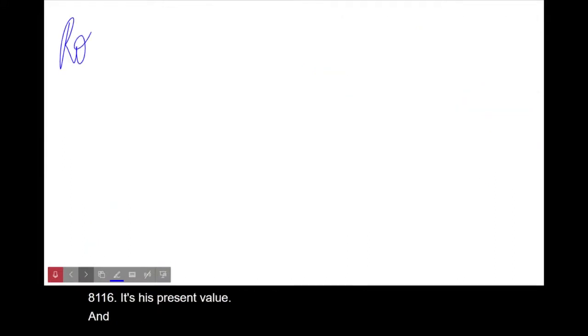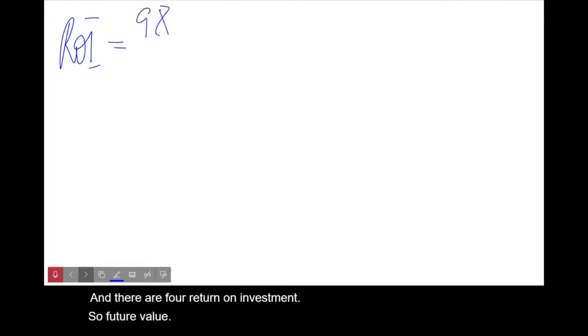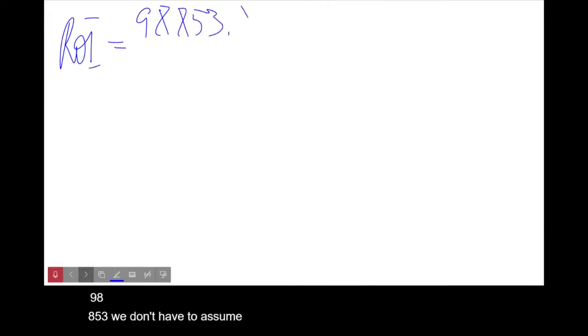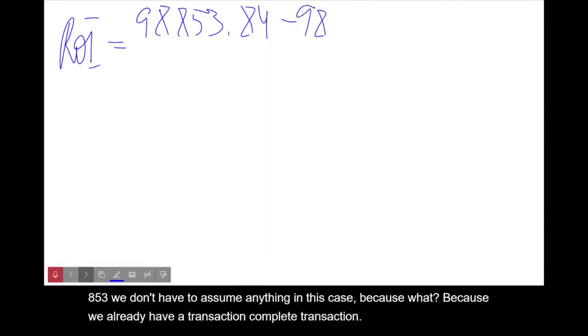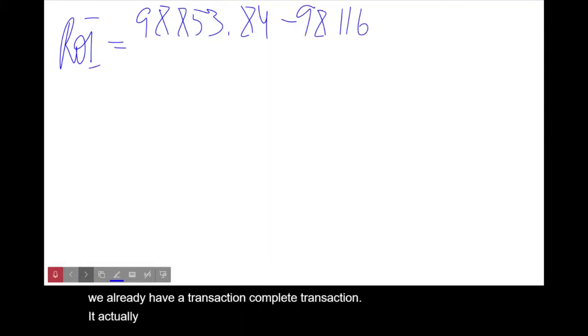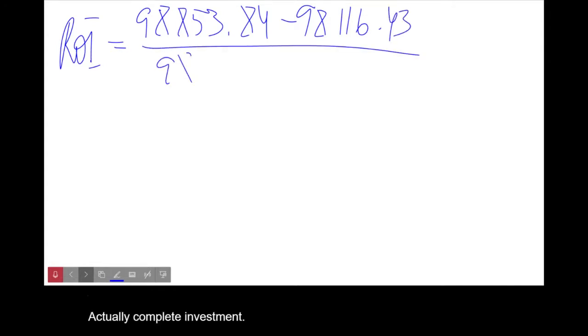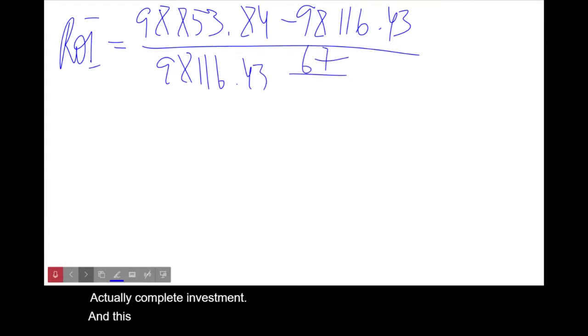And therefore, return on investment. So future value, 98,853. We don't have to assume anything in this case because we already have a complete transaction. Actually, complete investment. Right? And this game was during 67 days.